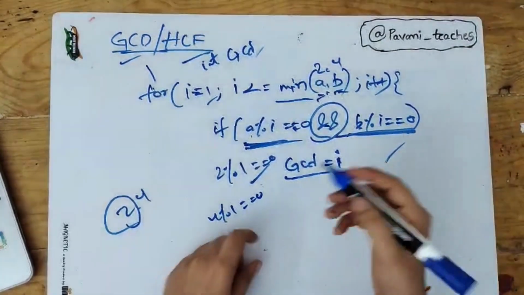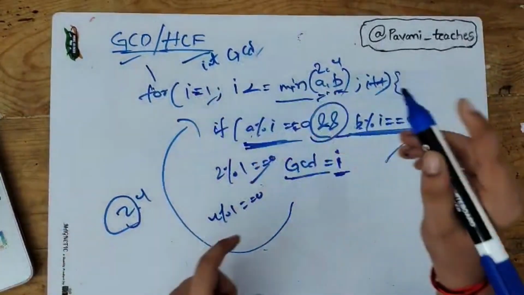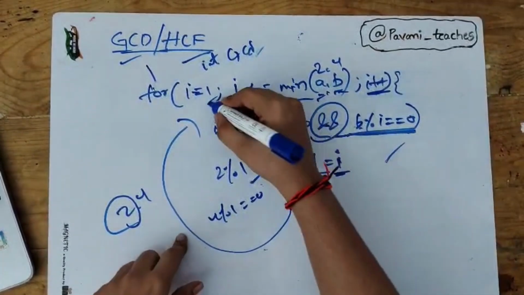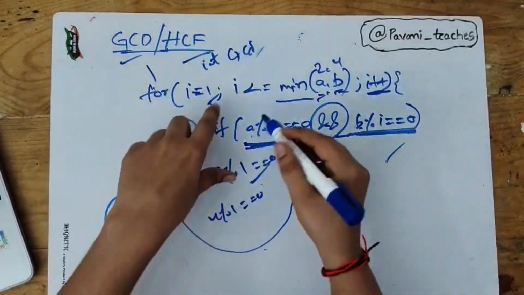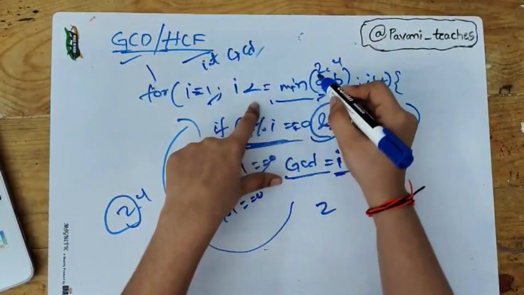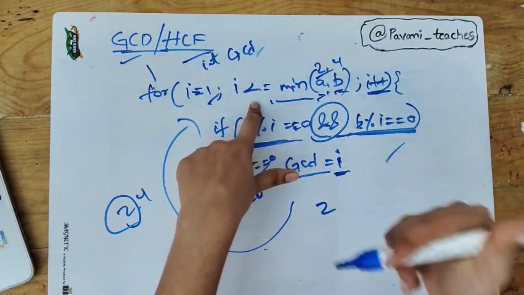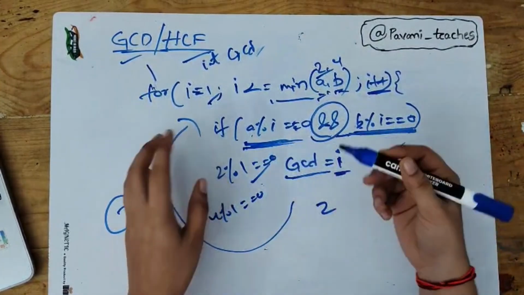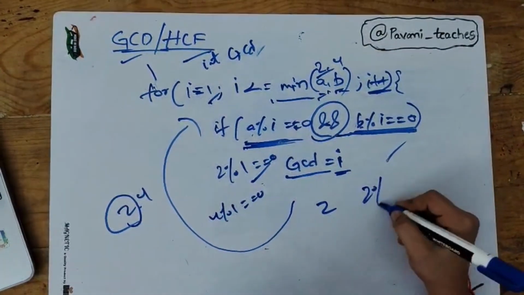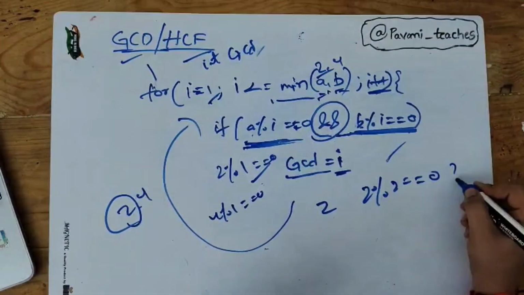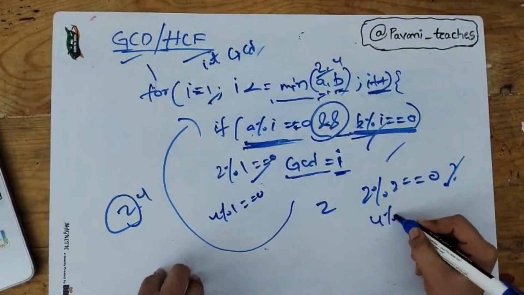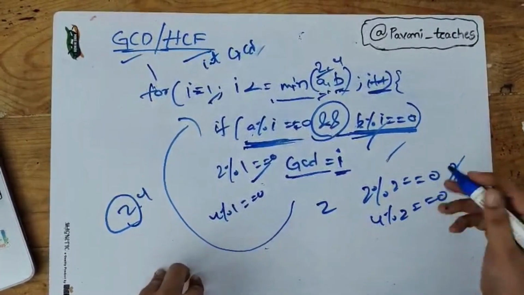Now again the for loop will get executed, because i will be incremented by 1. Now i will become 2. Yes, i is less than or equal to 2, condition satisfied. It will go inside the for loop and check if 2 modulo 2 equal to 0, yes, and the next condition, 4 modulo 2 equal to 0, yes, it is also true.